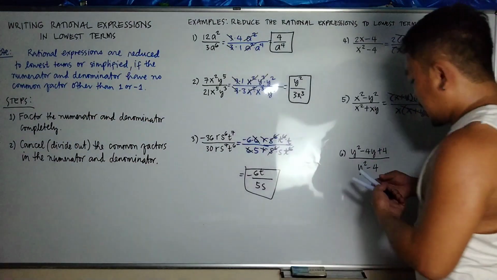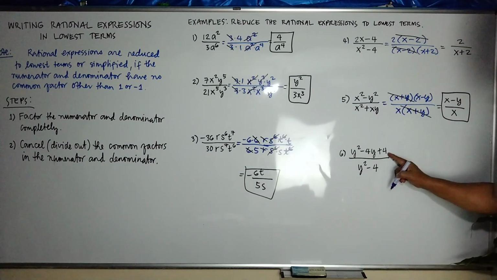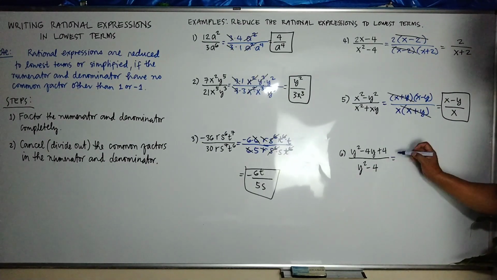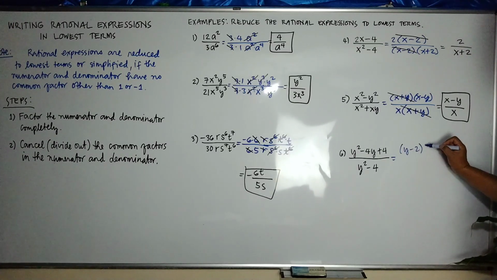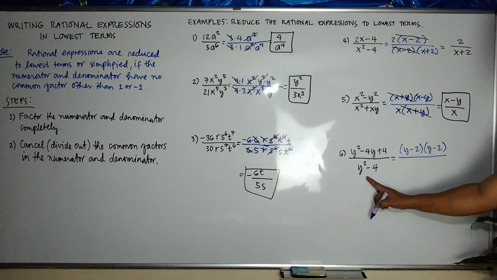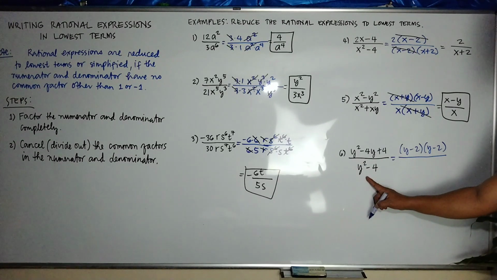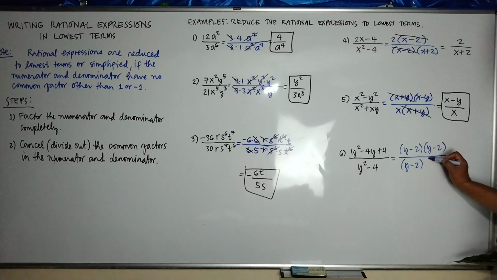We have a perfect square trinomial. The square root of 4 is 2, so that is y minus 2 times y minus 2. How about the denominator? This is a difference of 2 squares. Y squared minus 4 factors to y minus 2 times y plus 2.